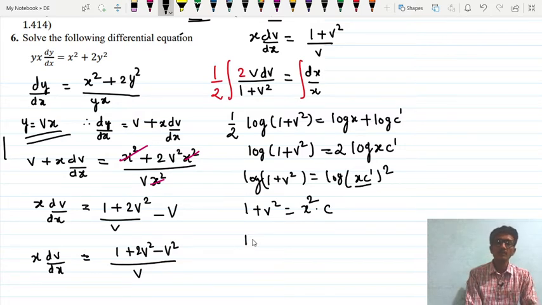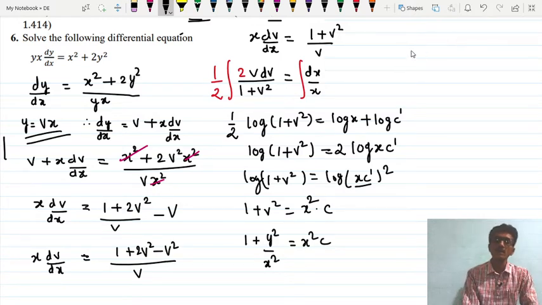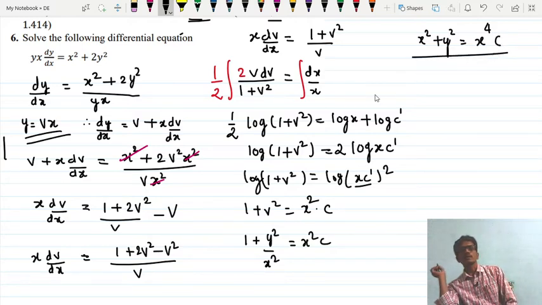So it is 1 plus y square upon x square, x square c. Here finally we will write the answer. x square plus y square equal to, cross multiplication will give us x to the power 4 into c. We are getting this answer.